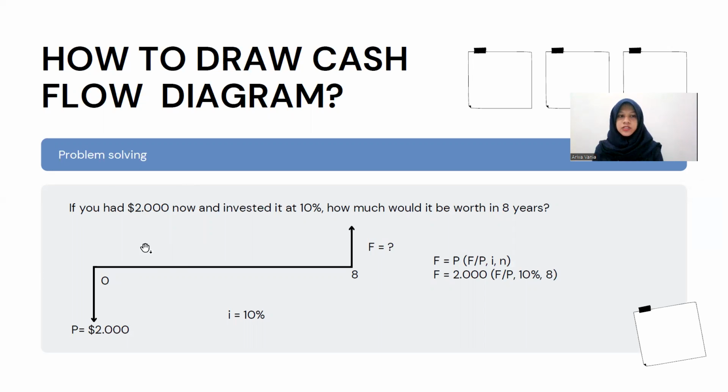If you have $2,000 now, it represents P, the present worth. So in period 0, P is equal to $2,000. And how much will it be worth in 8 years? In period 8, we must find how much it will be. It represents F, the future worth. And i is equal to 10%, which is given in the question.